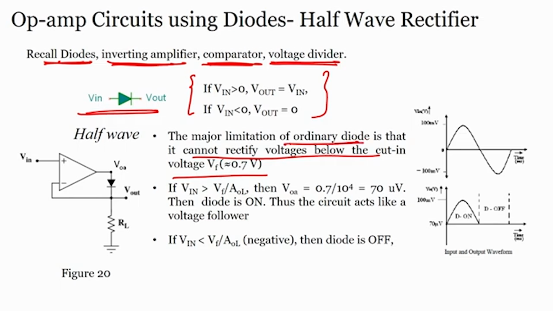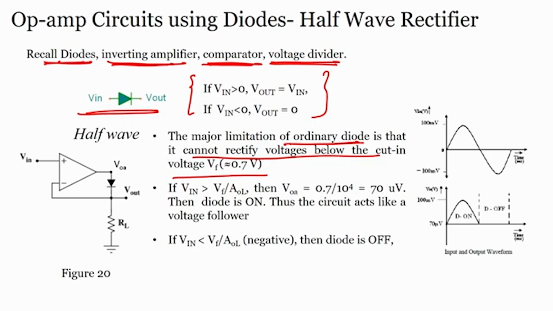So suppose you are asked in your interview what the limitation of an ordinary diode is. Immediately you can say that it cannot rectify below the cut in voltage Vf in the case of a half wave rectifier. What is Vf? It is the operating voltage, 0.7 volts, the minimum voltage to operate your diode.